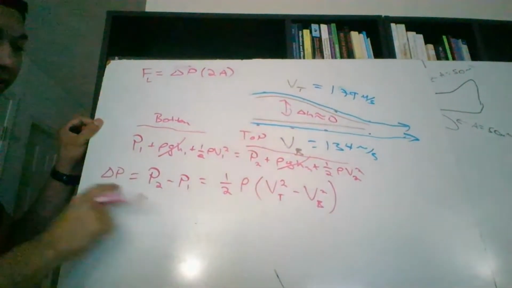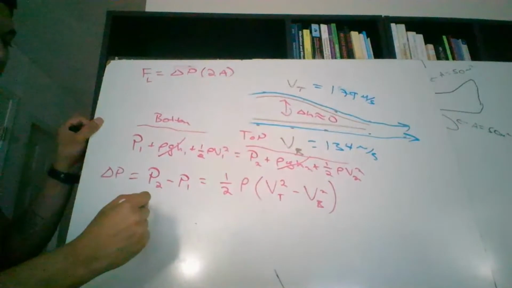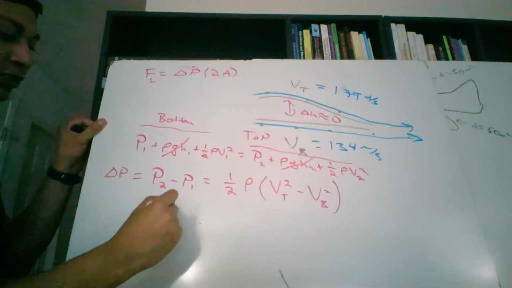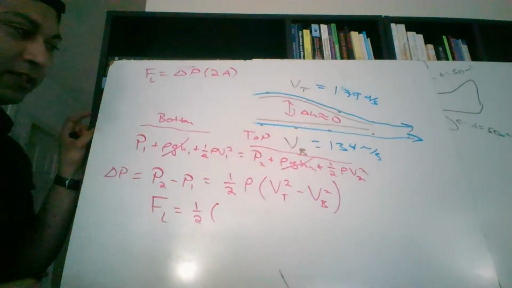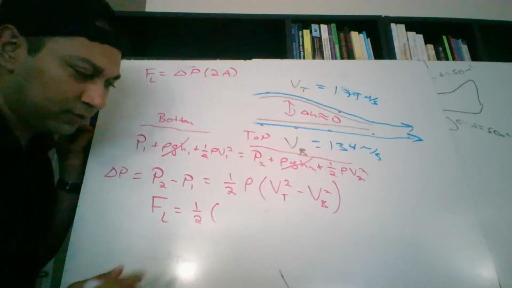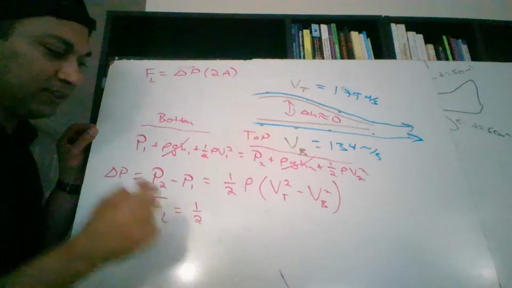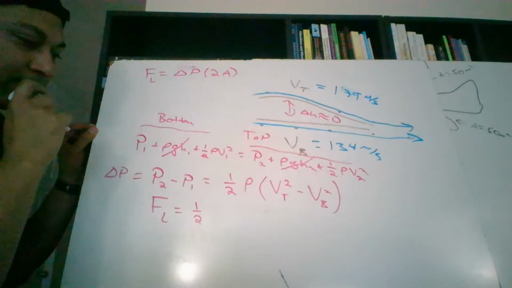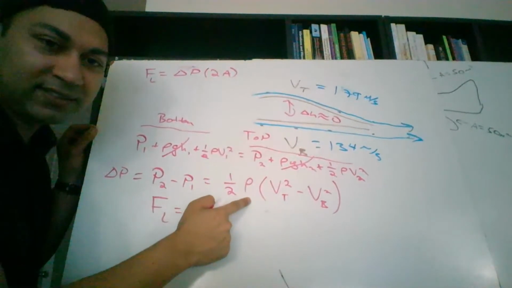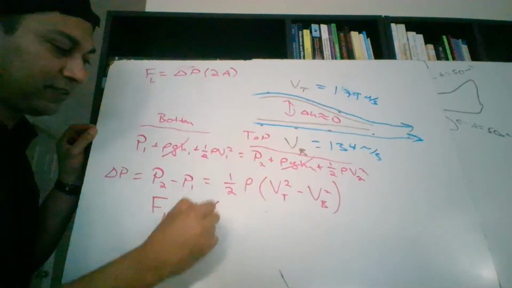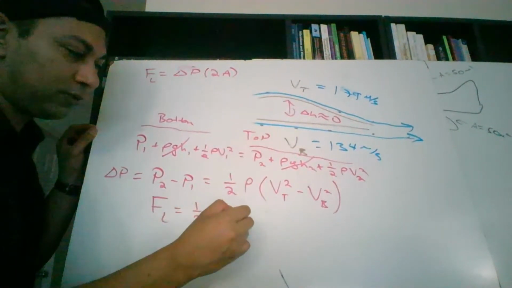And this is what delta P is equal to. So the force due to the lift is going to equal 1/2. Now let's use the density of air at sea level. So the density of air at sea level is 1.28.